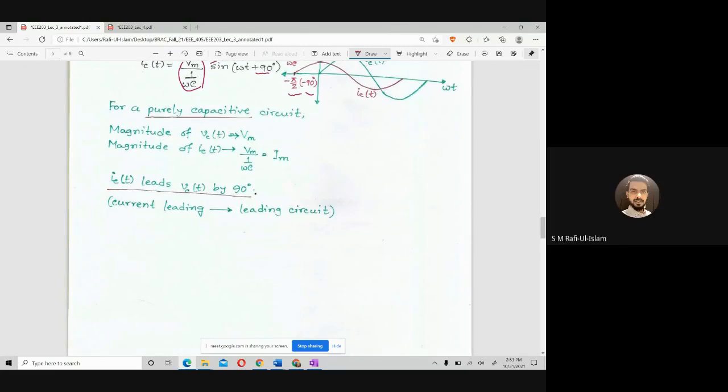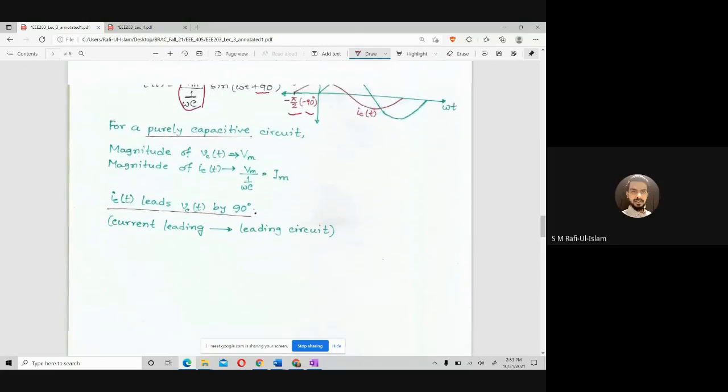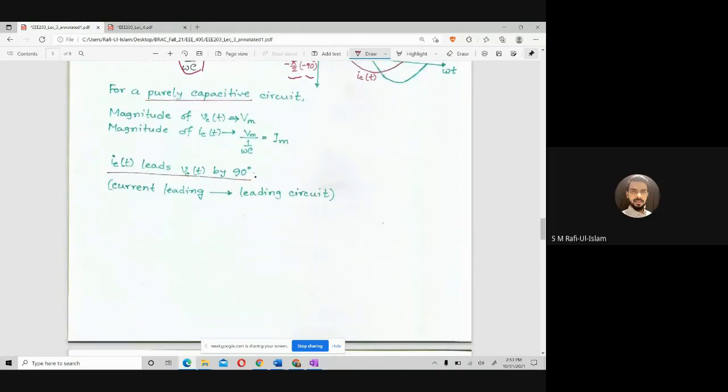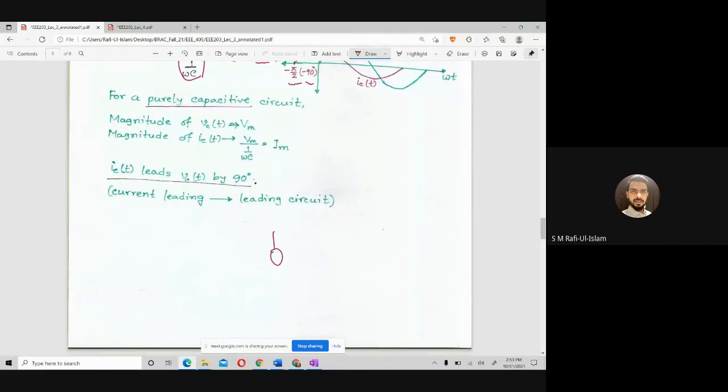If you don't have a question, let's say Vs equals 5 cosine omega t plus 10 degrees. Can you tell me what would be the expression for current here?